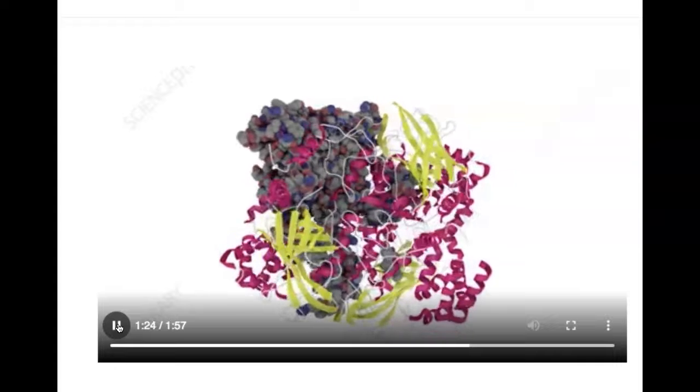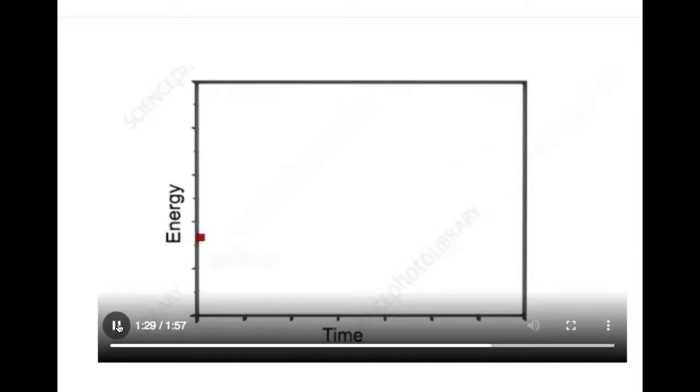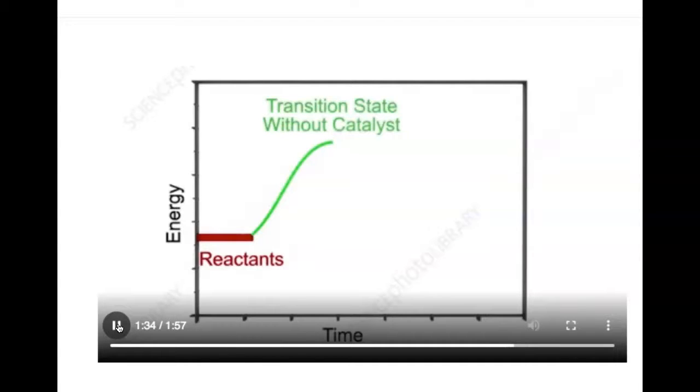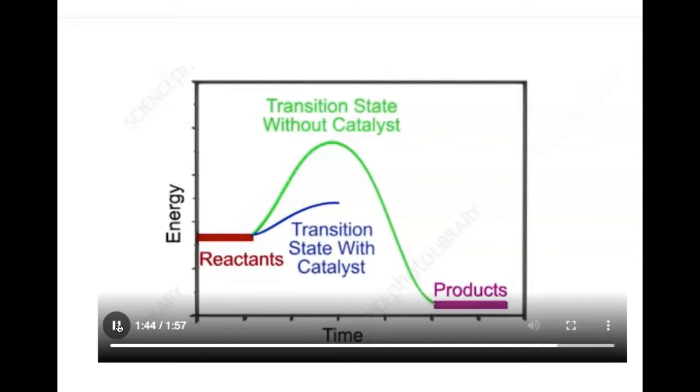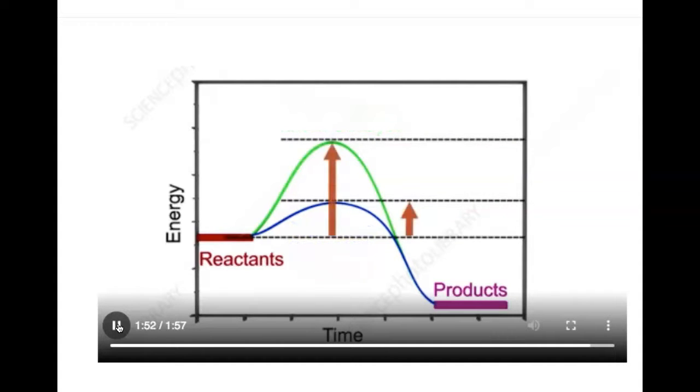And so it turns out that little basic thing you watched there is super important, because in the human body, everything that happens in the cell is caused by a chemical reaction. And it takes a certain amount of energy for those reactions to happen. And here's an example of a graph that shows how much energy is required to have reactants turned into products. And with an enzyme, the amount of energy that's needed is substantially less. And so as a result, chemical reactions can happen at a much lower temperature.